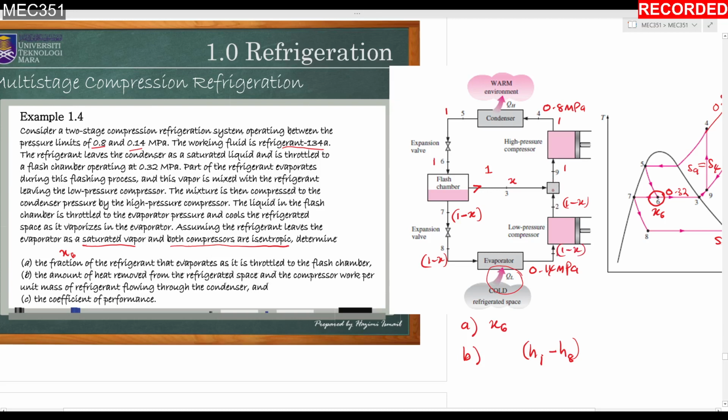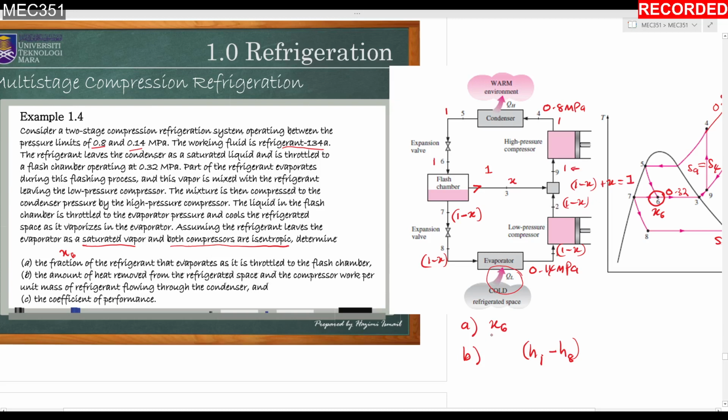And at this mixing chamber, 1 minus x will be mixed with x, so it will plus with x, basically becoming 1 like this.